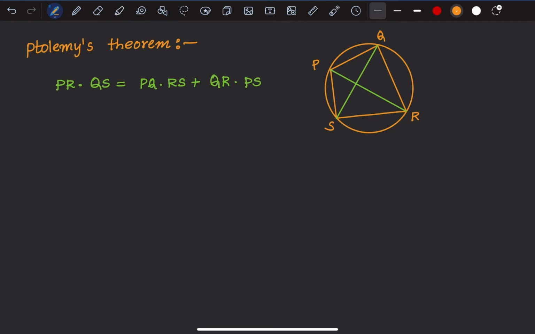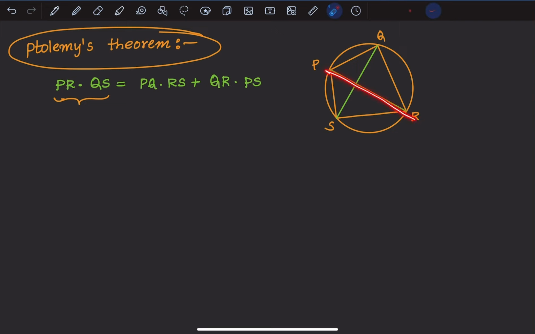Ptolemy's theorem is valid only for cyclic quadrilaterals. So PQRS is a cyclic quadrilateral, meaning it can be inscribed in a circle. For a cyclic quadrilateral, PR and QS are the diagonals. The product of diagonals is equal to the sum of products of opposite sides.